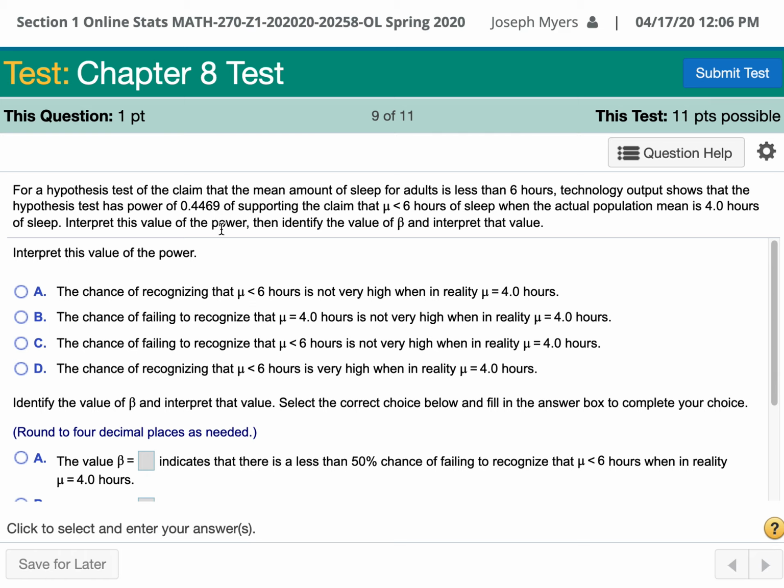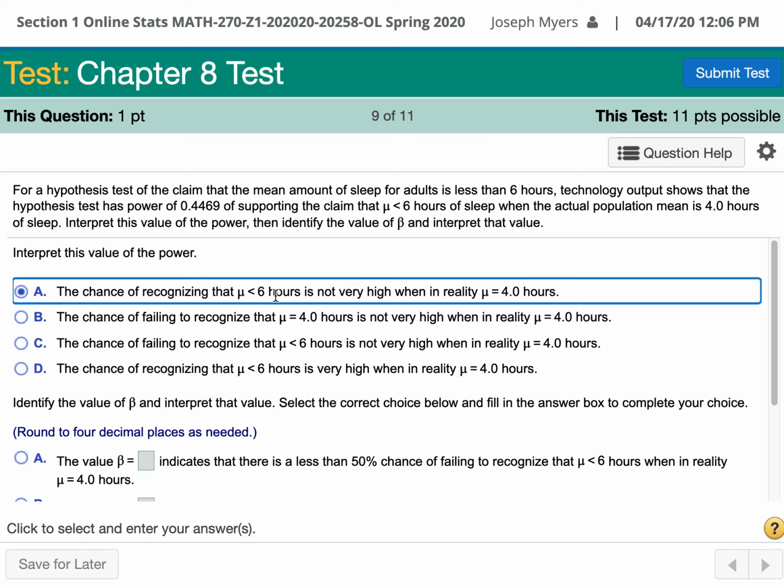So the chance of recognizing that the mean is less than 6, the chance of recognizing that the alternative hypothesis is true is not very high, because the power is only 0.4469, when in reality the mean is equal to 4.0. So the chance of recognizing that the alternative hypothesis is true is only 44%, which is not very high, when in reality the mean is 4.0.